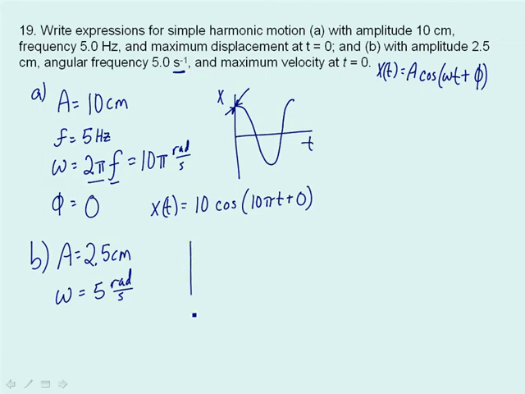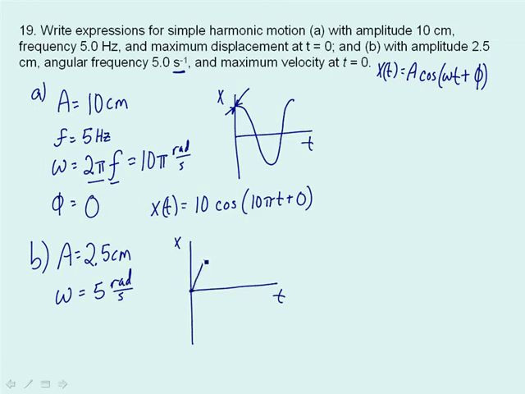So if I draw my position function x versus t, my maximum velocity occurs when the displacement is 0. That is, when the oscillating object, let's say a mass on a spring, goes through the equilibrium position, at x equals 0.